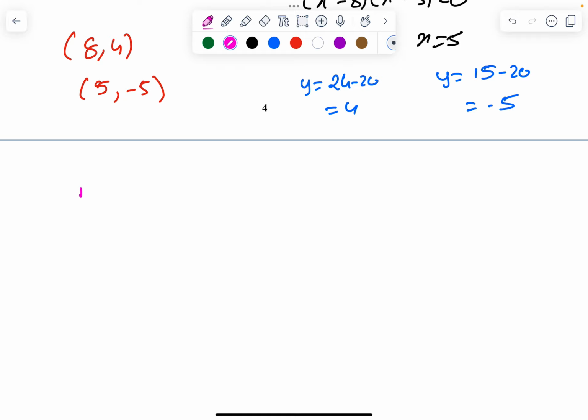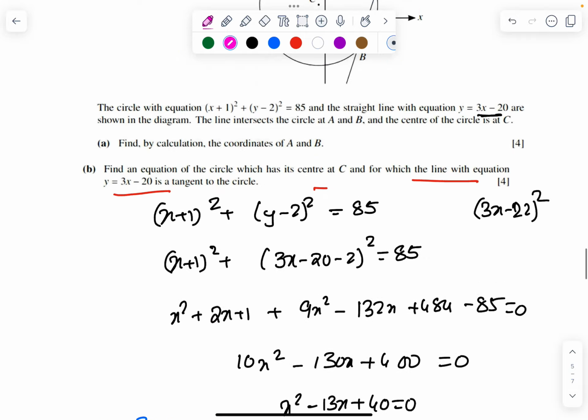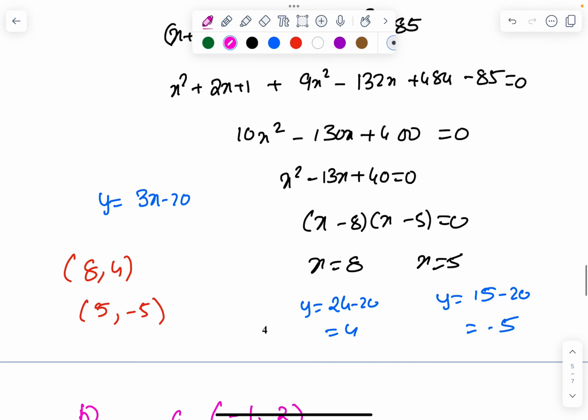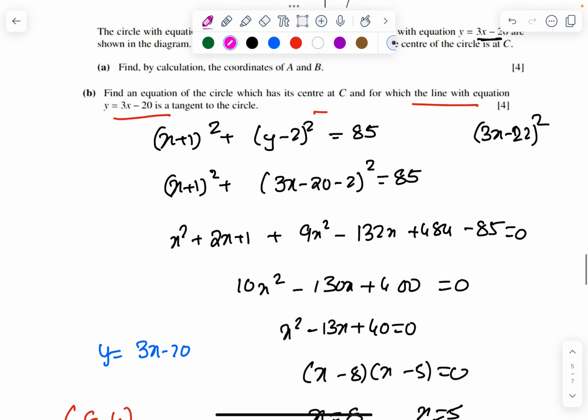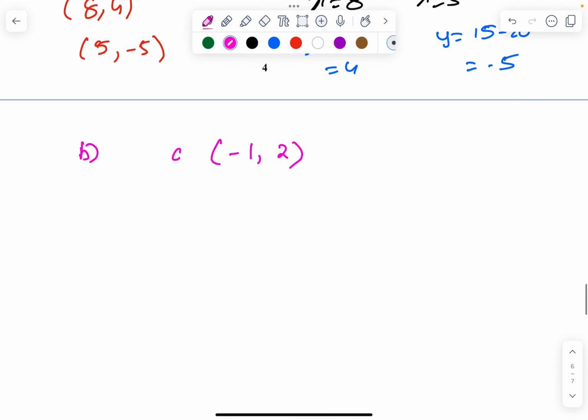For part B, the center is the same, negative 1 comma 2. So negative 1 comma 2 is going to be the center of the circle. Now we know that A was 8 comma 4 and B was 5 comma negative 5. So I am going to find it out.